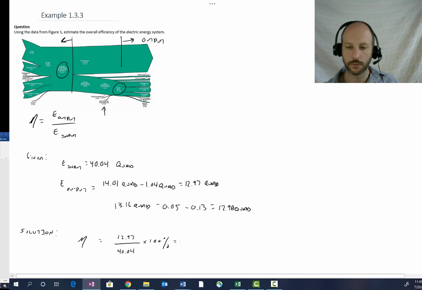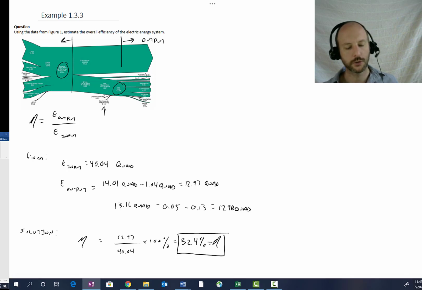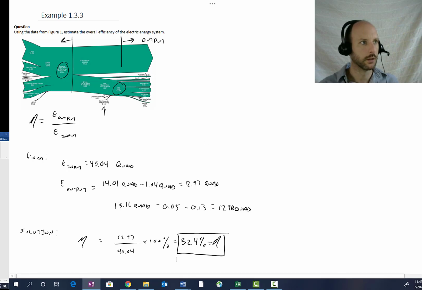We like to say something's 75% efficient, for example. So in this case, we get 32.4. So the overall efficiency of the U.S. electric system, from energy input to the generators to energy actually delivered to us and businesses at home, is only 32.4%. So might be a surprising finding for you, but that's the actual efficiency of the system.